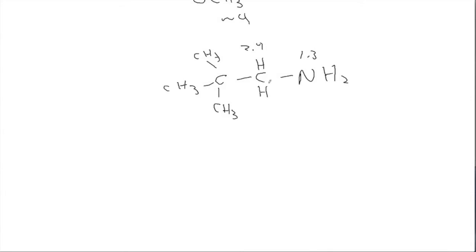And also, what about the splitting? Notice these nitrogen hydrogens don't get split. They're like alcohol hydrogens. Because of the hydrogen bonding, they don't get split. And notice, what's the splitting for the 2.4 peak?